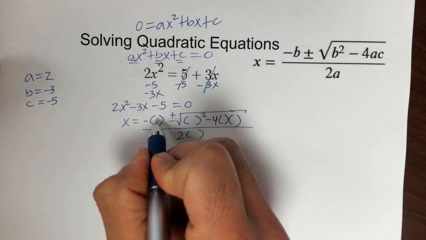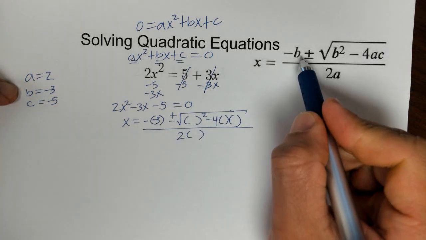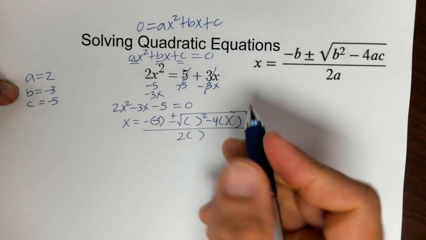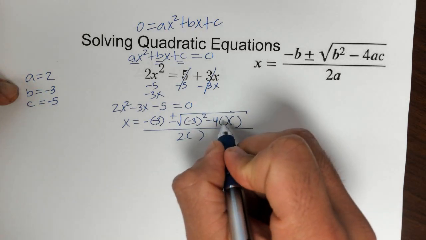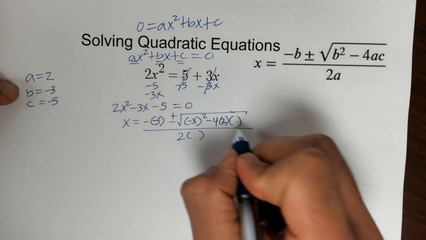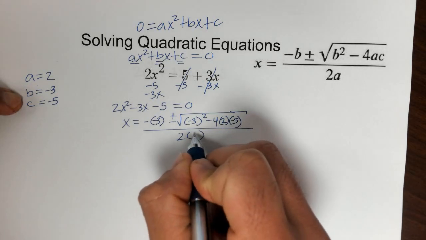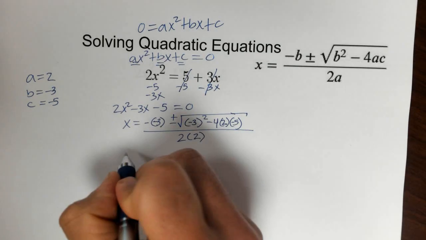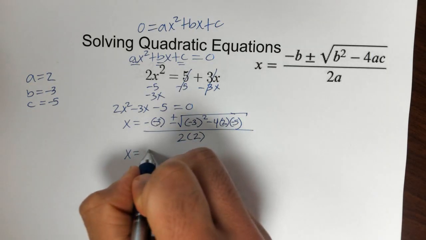All right, let's plug numbers in. For b, I have a negative 3, so I'm going to plug negative 3 for b. See how it says minus b? It's minus whatever b is. In this case, it's minus a negative. I'm going to plug negative 3 inside here for squaring. 4 times a, which is 2, times c, which is a negative 5, over 2 times a, which is positive 2. The negatives here are going to be crucial because, as you see in our next step, negative of negative 3 makes it a positive 3.